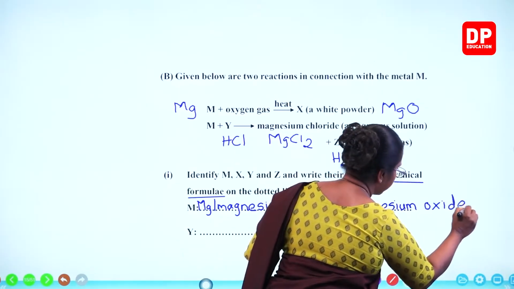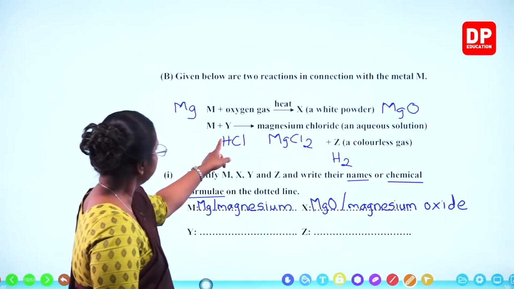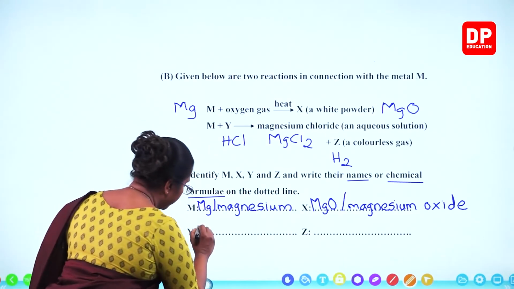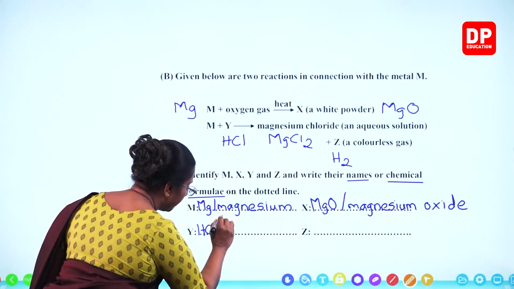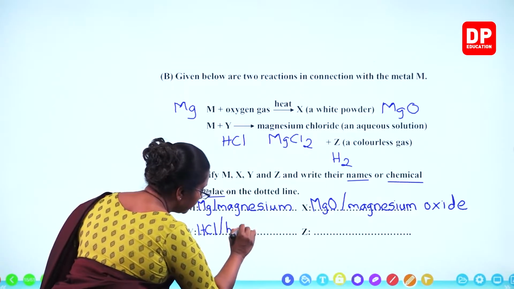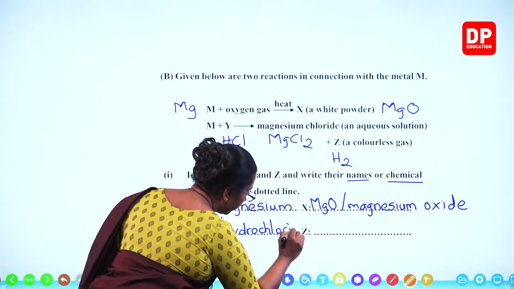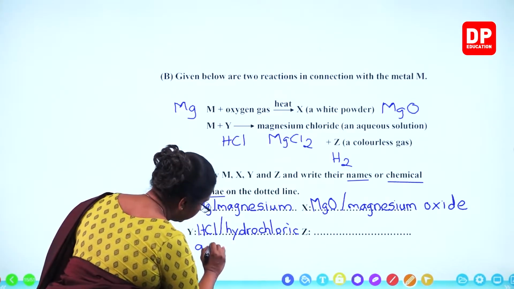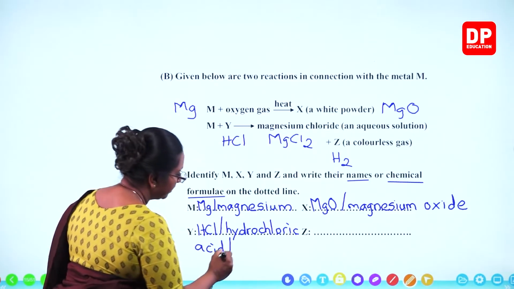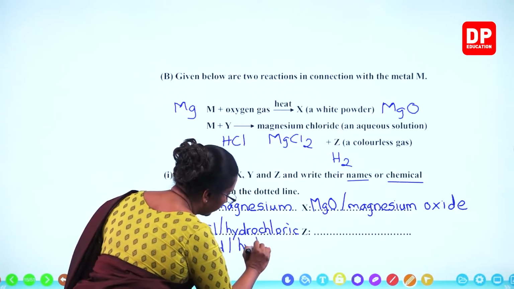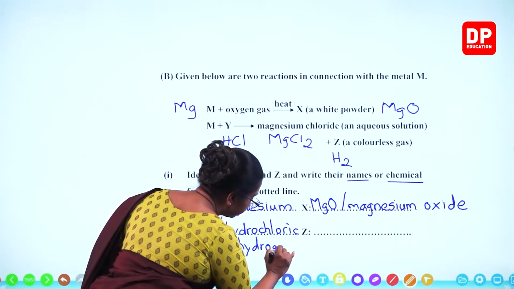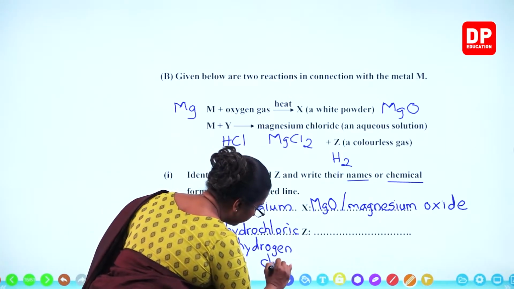Magnesium oxide. Then Y, we found it as HCl. So HCl or hydrochloric acid, even you can write it as hydrogen chloride.